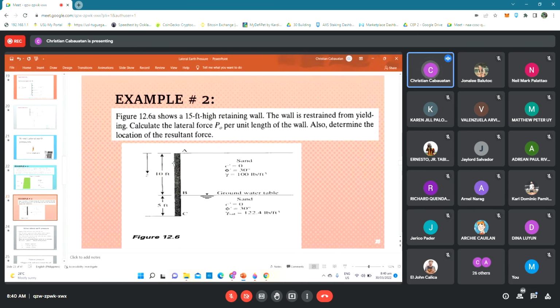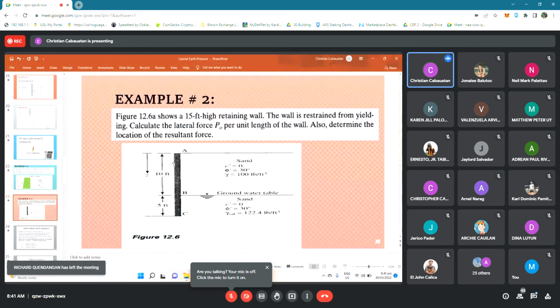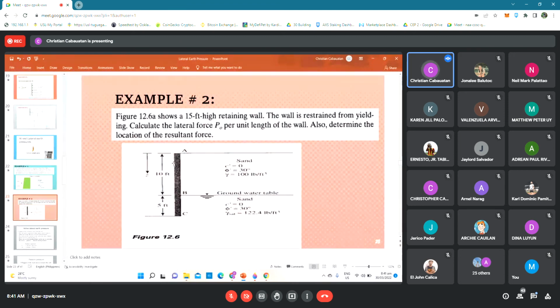The only difference is your unit weight, which is in English units, pound per feet cube. In calculating the lateral force FO and determining the location, later on, ibigay ko na lang yan.